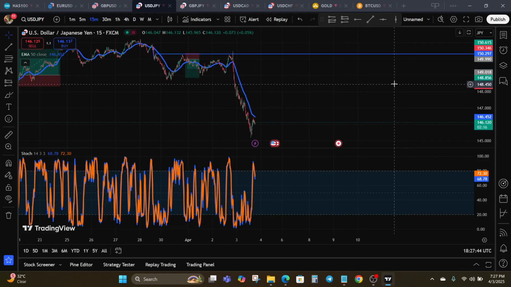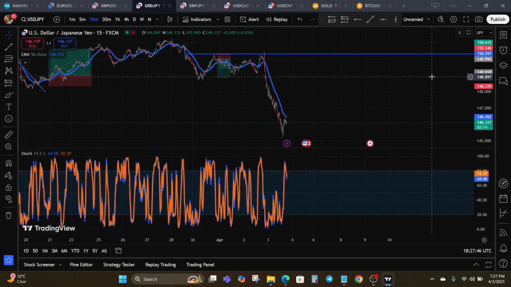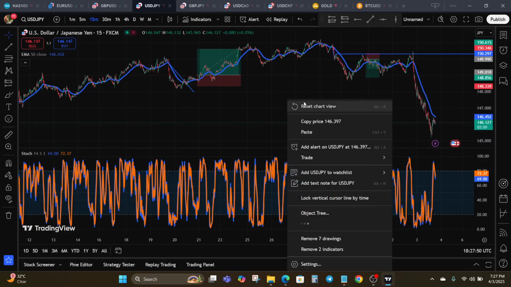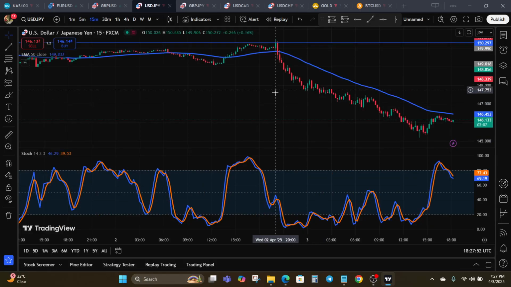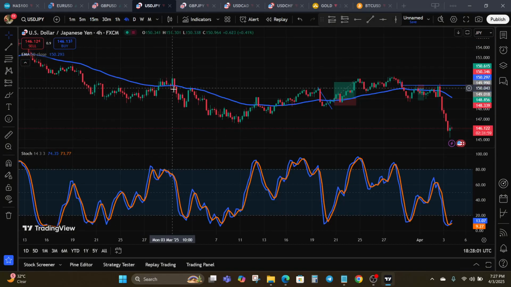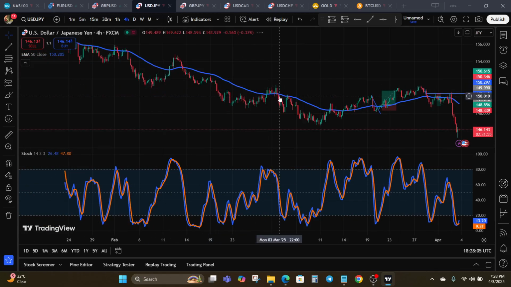So to improve your accuracy with this strategy, here are a few extra tips. Avoid trading in choppy markets. This strategy works best in trending conditions, all right? And then use the higher time frames for confirmation. The 1 hour and the 4 hour charts provide better signals than lower time frames. And also combine with other confluences.